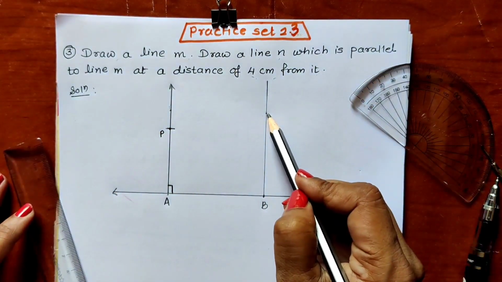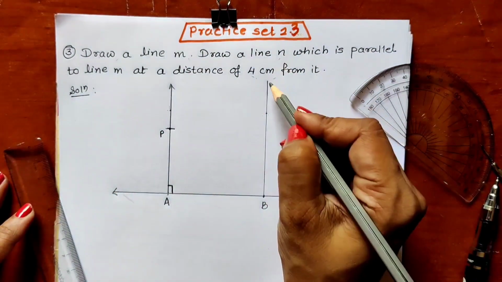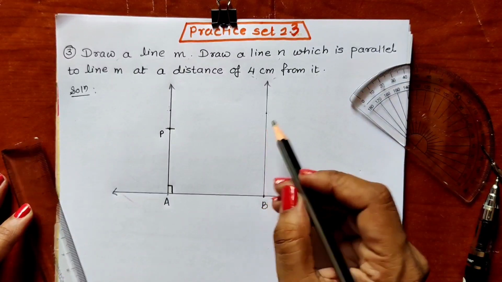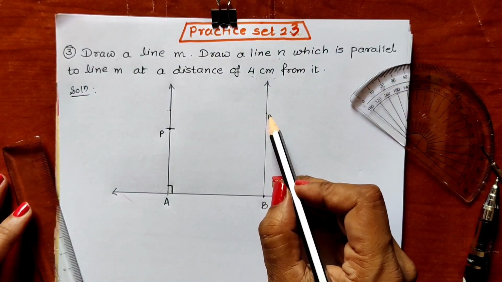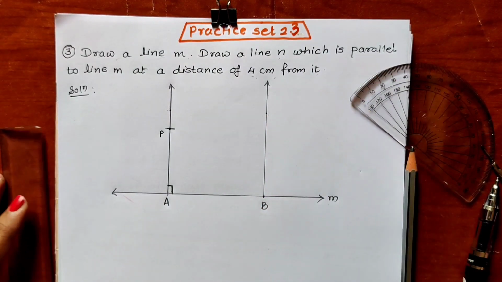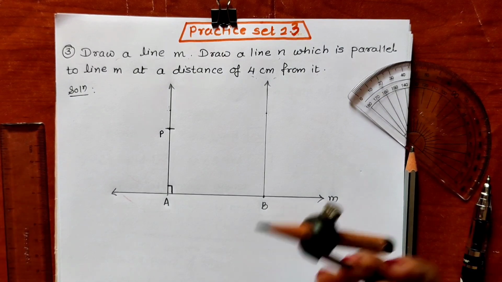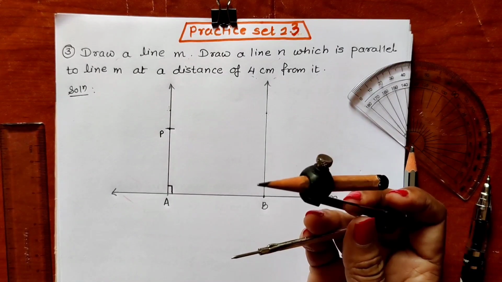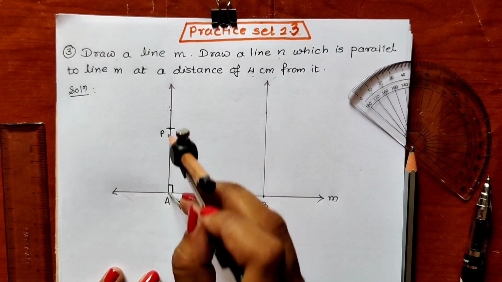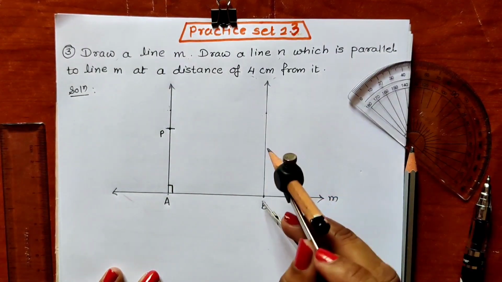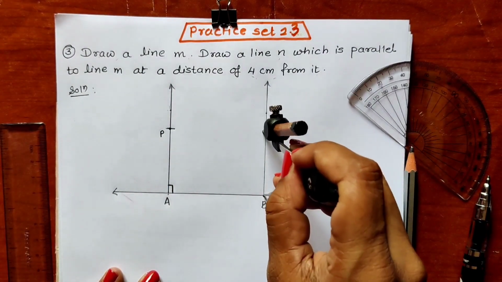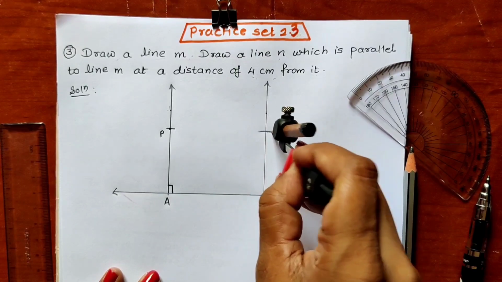These points are only important for drawing the ray of 90 degrees, otherwise they are not that important, so don't make these points very dark. Now I will be plotting a point at a distance of 4 centimeter. This AP distance is 4 centimeter. So similarly from B also we have to take one point which is at 4 centimeter.